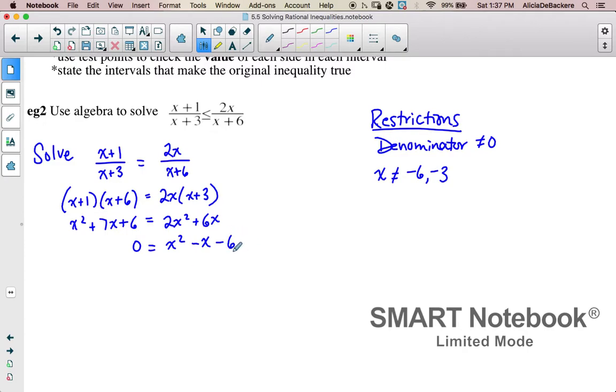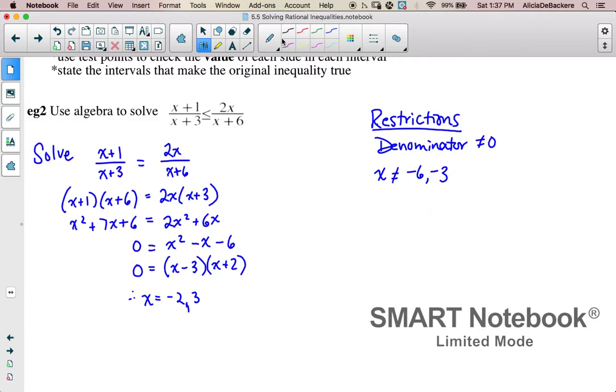So I'm looking for two numbers that multiply to -6 and add up to -1. I find those two numbers are -3 and +2, and because this is a simple trinomial, there's a 1 in front of the x squared, I don't need to use decomposition. I just plop those numbers right into the brackets with the x's. So this tells me that x is equal to either -2 or +3. Those are my two answers.